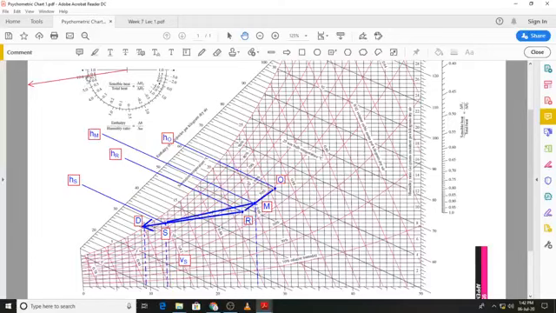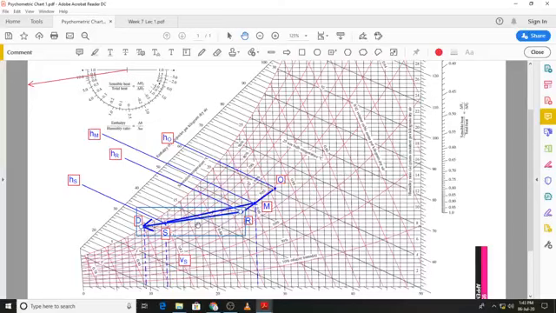You can see the value. I've drawn that line on the psychrometric chart over here on the protractor, and we know that the space condition line connects states R and S. So if I draw a line parallel to this line from R, state S must lie on this line.